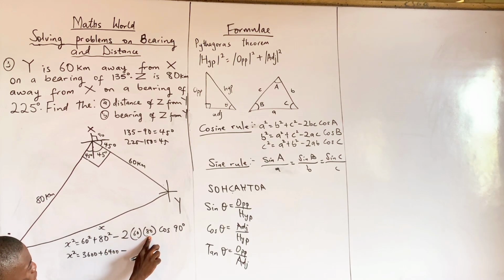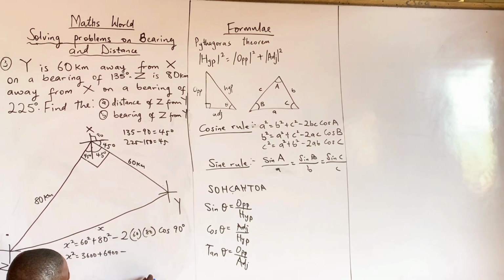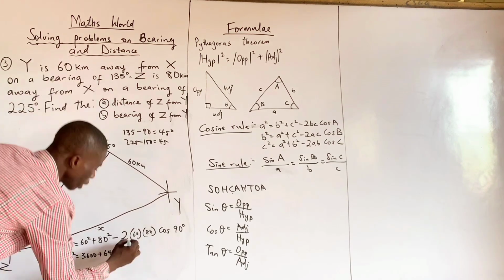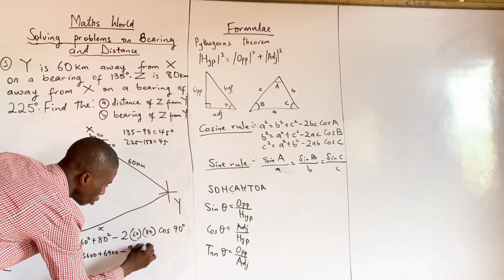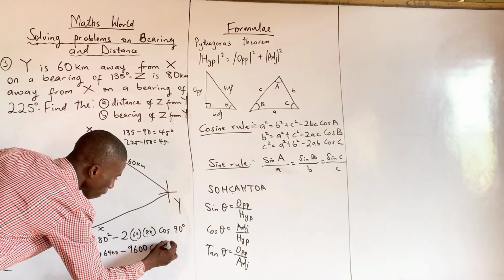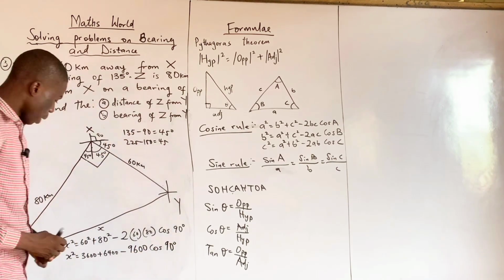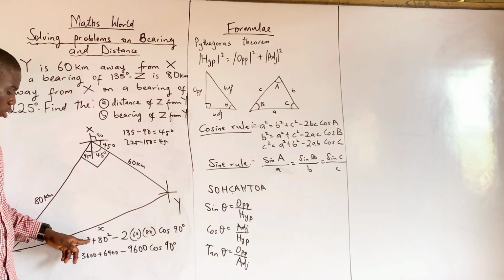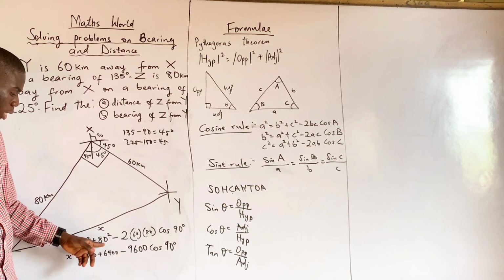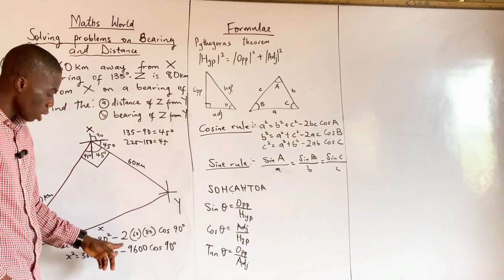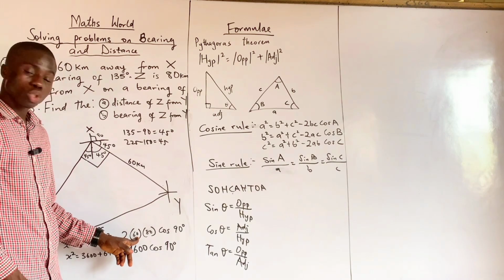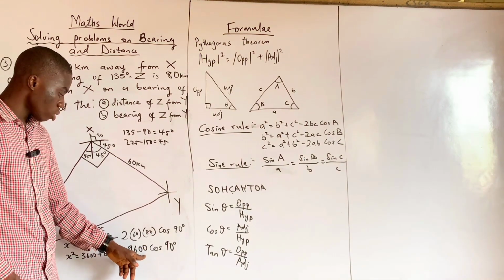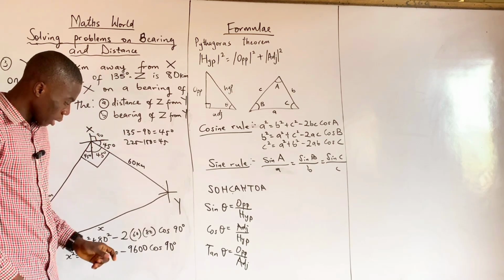This times this is 2 times 60, which is 120, and 120 times 80 is 9,600. You can see that like that, cos 90.